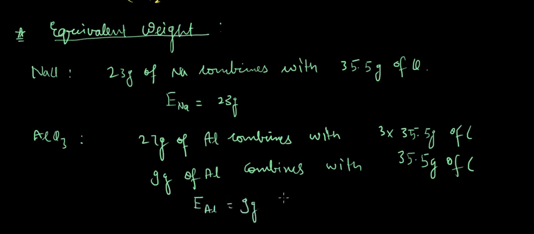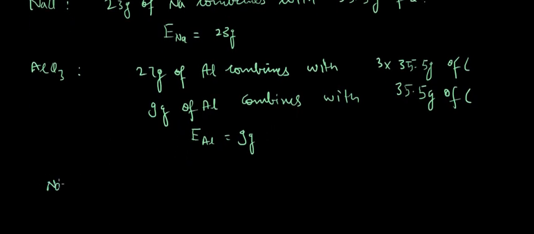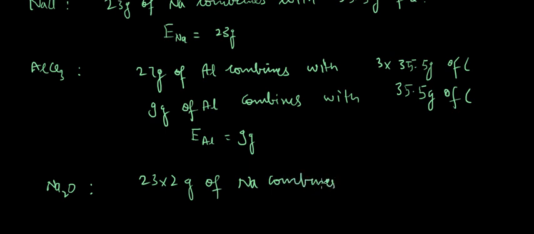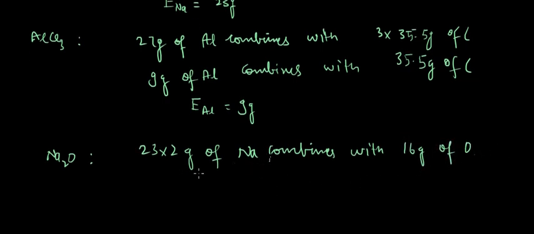If we talk about Na2O, then, like in the example of AlCl3, if it's not clear: for Na2O, 23 into 2 grams of Na combines with 16 grams of oxygen.